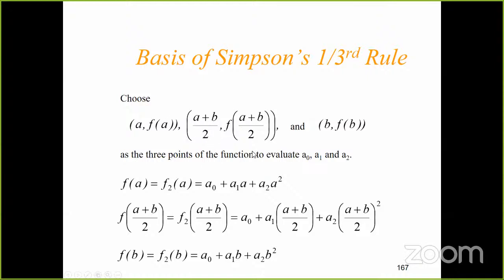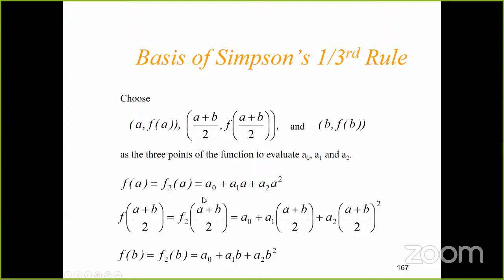So there are 3 points, and their function values are the criteria. It is called the 3-point method, that is the one-third rule.